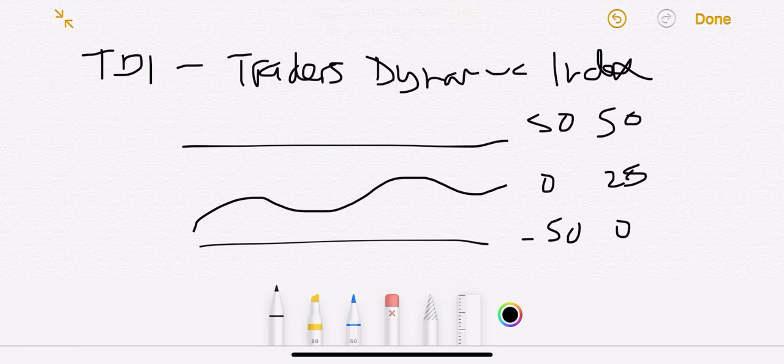Now, when it comes to the TDI, it's an advanced, rather dynamic way of presenting an RSI, because an RSI is very much limited. So a TDI gives you more room of doing a lot of things rather than what an RSI can do for you.